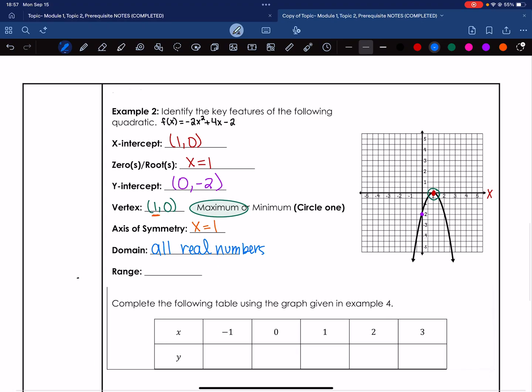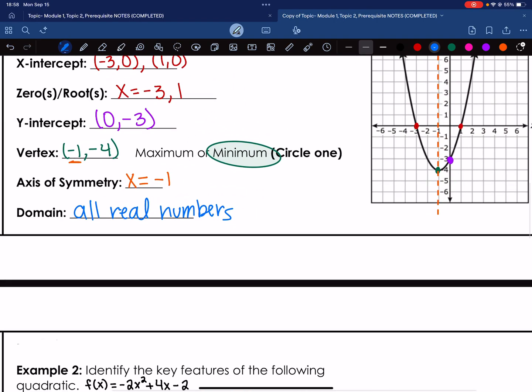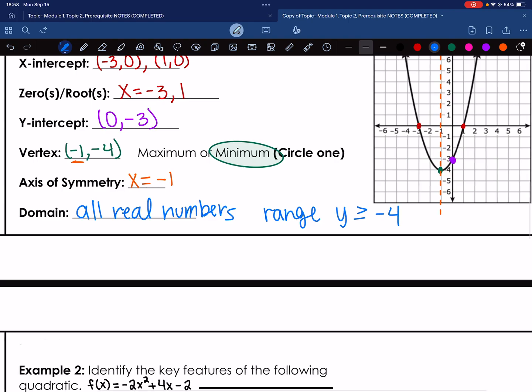So the range, let's see, y is less than or equal to that maximum value of 0. Okay, let's go back and write the range on the previous one since we didn't. That way we have it here. So this one, because it opens up, y is greater than or equal to that minimum value of -4.